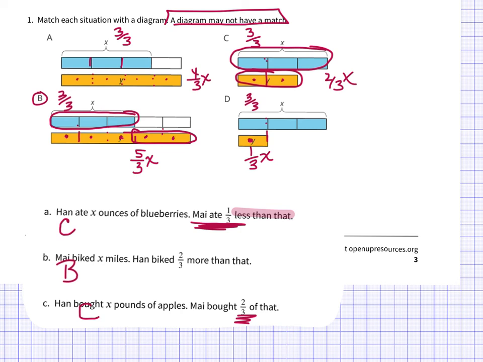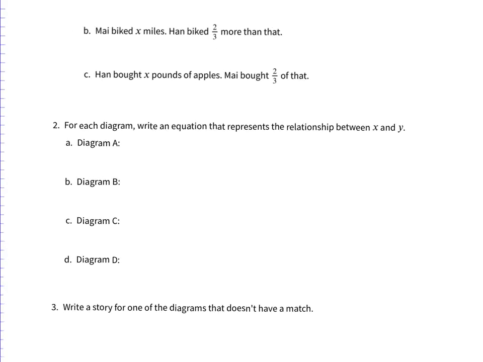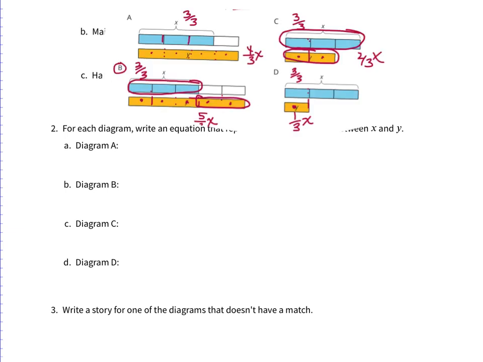So again, a little weird getting used to these tape diagrams, but I have faith in you. Right? We've actually kind of done this where I wrote down the x's and the y's. Can you write the equations for these diagrams?